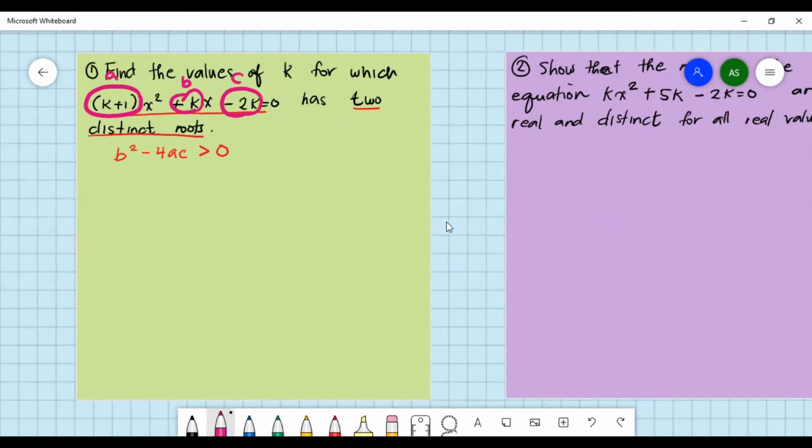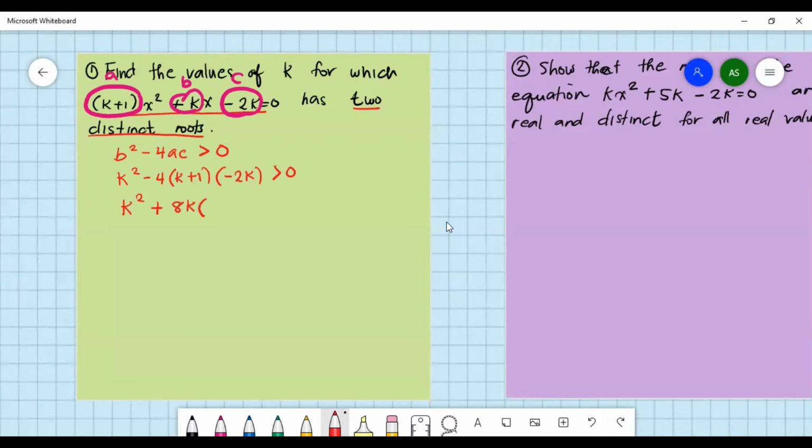So we're going to substitute these values. Your b is just positive k squared minus 4. Your a is k plus 1. Your c is negative 2k. So don't forget to bring the negative signs. So that will be greater than 0. Simplify: negative 4 times negative 2 is positive 8k.